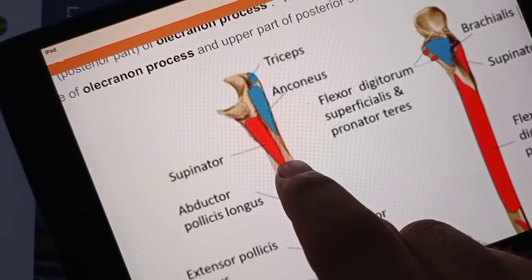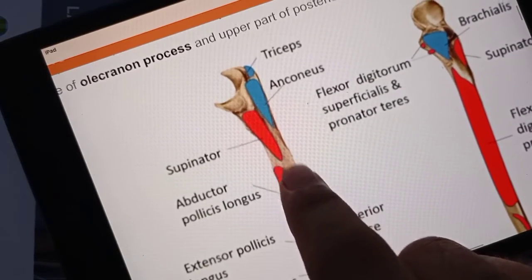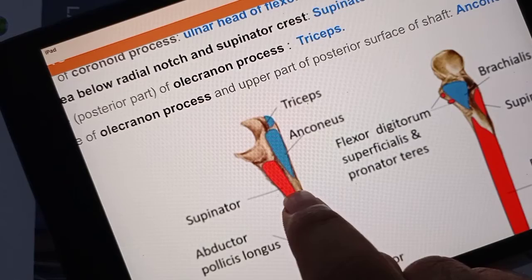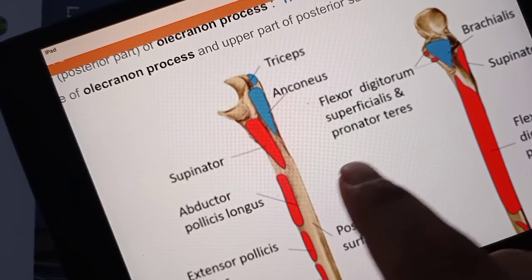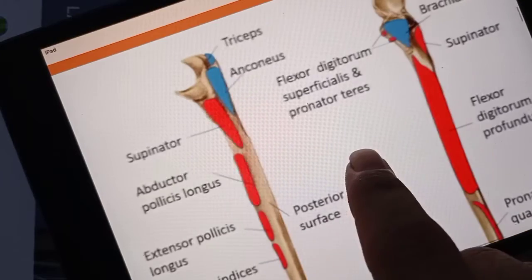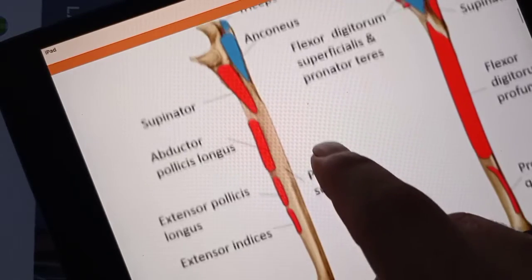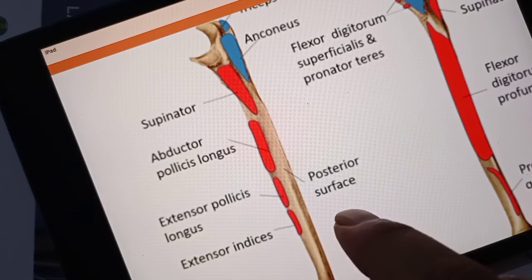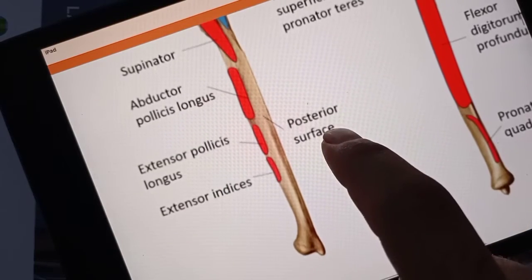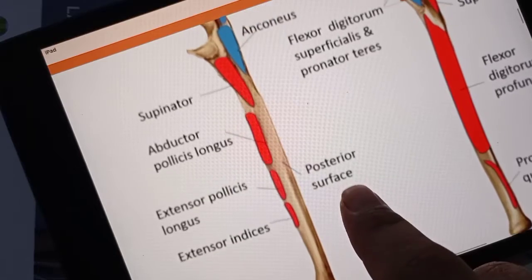Supinator muscle, as we talked, there was a ridge, the supinator crest, to which the supinator muscle is attached. And there are three muscles attached on the posterior side.